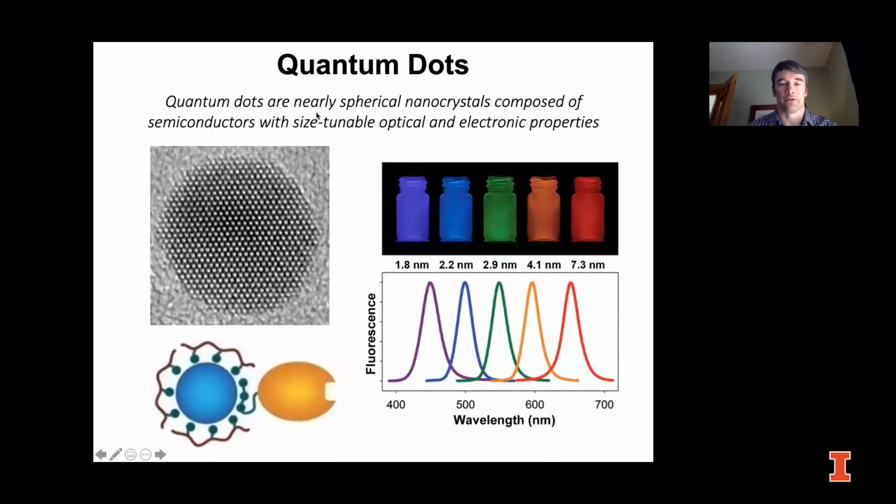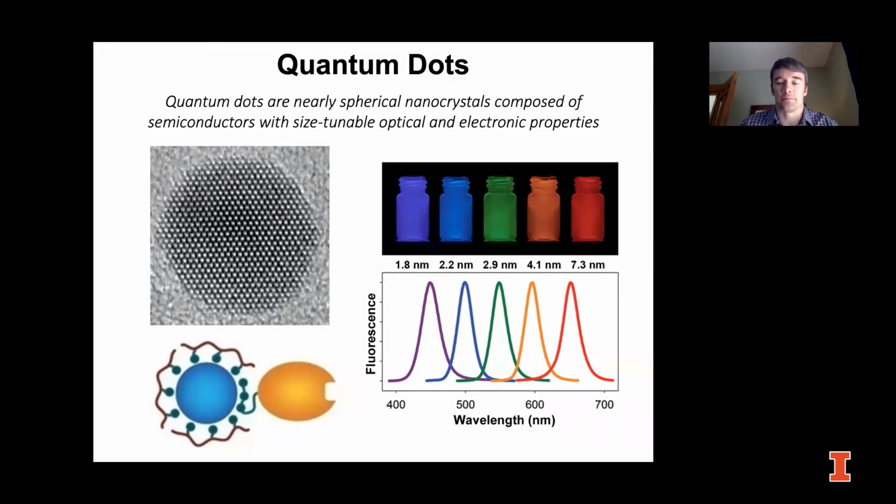A primary focus of my lab that I've been working on since graduate school, about 15 years or so now, is quantum dots. These are semiconductor nanocrystals. Some of the preeminent features of these are that they have tunable light emission. If you look at the spectra on the right, these are fluorescence emission spectra, and you can see that the emission spans from 400 nanometer wavelength up to about 700 nanometer wavelength.